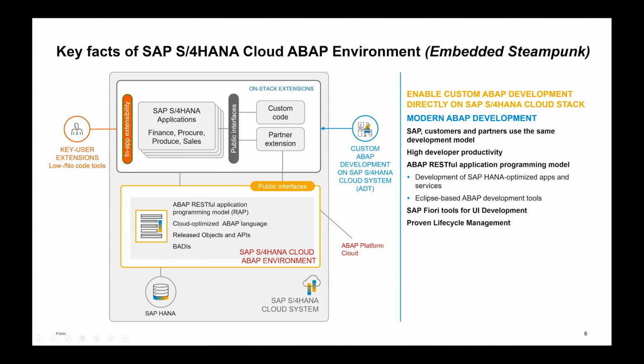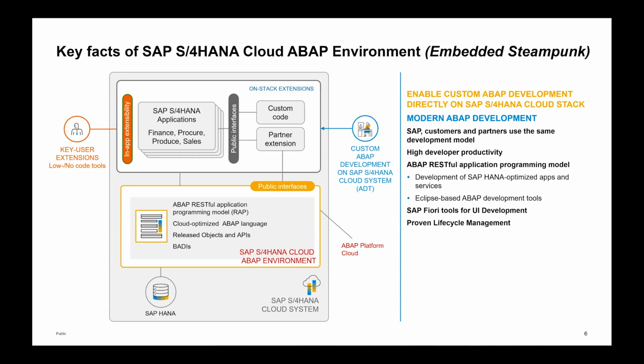If a customer or partner wanted to develop a new application, they used Steampunk, where they developed a JET application, let's say a small shopping cart to order a laptop. If they wanted to access a purchase requisition or sales order, they had to do a remote API call from Steampunk to the S/4HANA Cloud system to access the data.